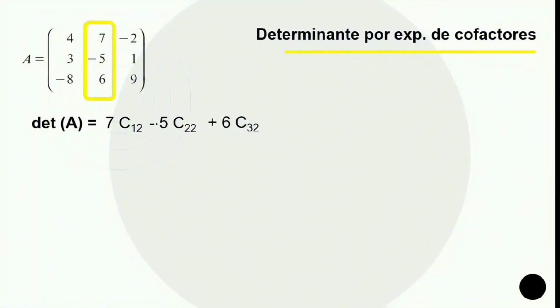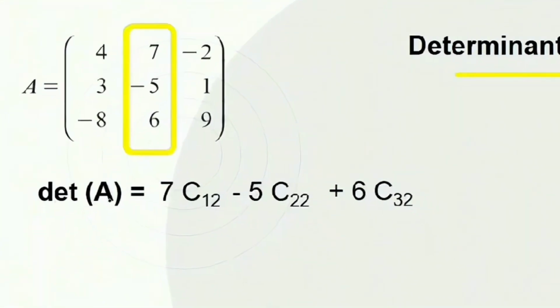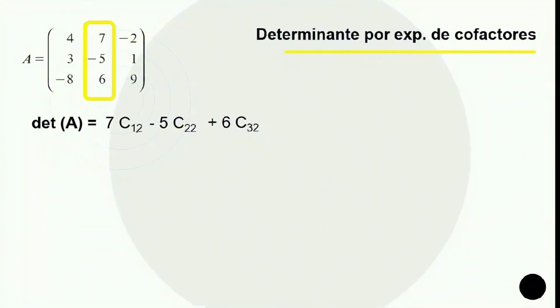Let's do it with the second column. That is, the determinant of A is equal to 7 times the cofactor 1,2, minus 5 times the cofactor 2,2, plus 6 times the cofactor 3,2.